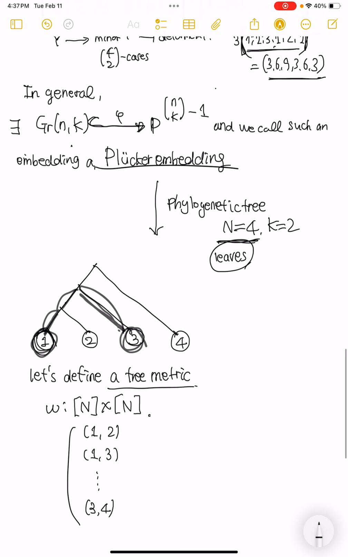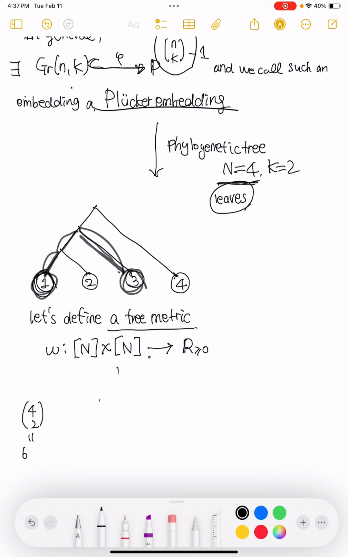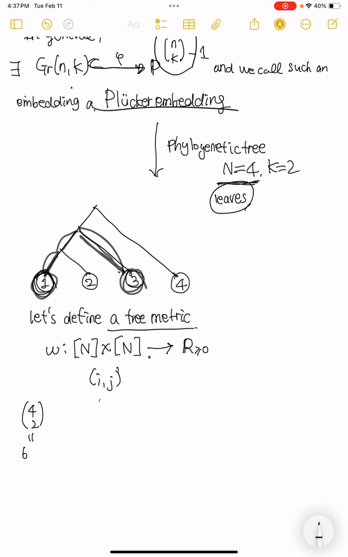As you see, a total of 6 types of paths go to positive real numbers. In general, d_ij is given.